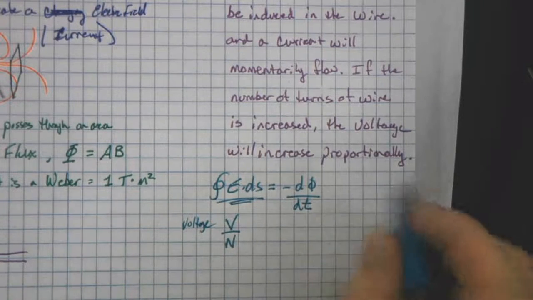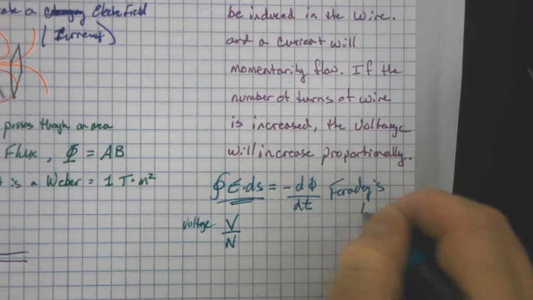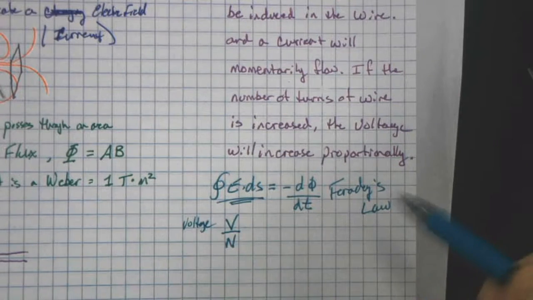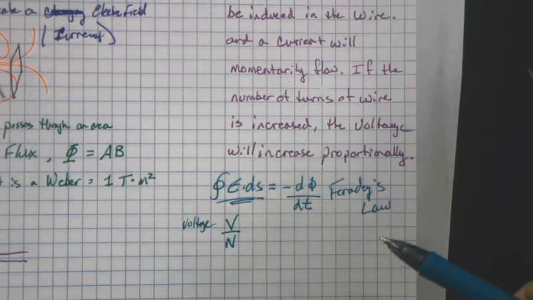This is Faraday's law, his equation. It's part of Maxwell's equations of electromagnetism, and the discovery of these is foundational for the entire field of electromagnetism. In fact, they proved that electricity and magnetism were two sides of the same coin.